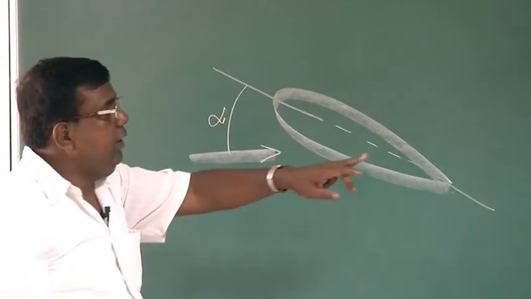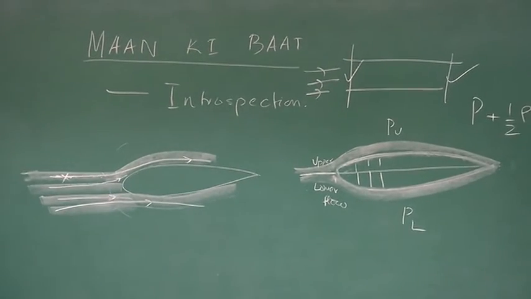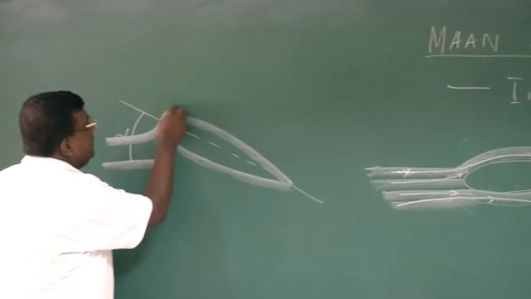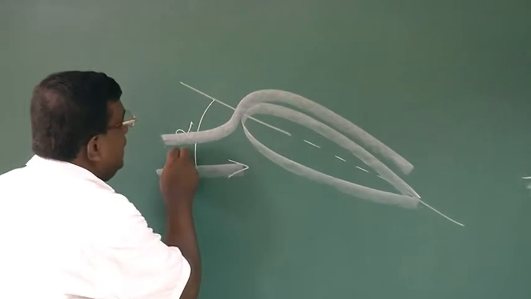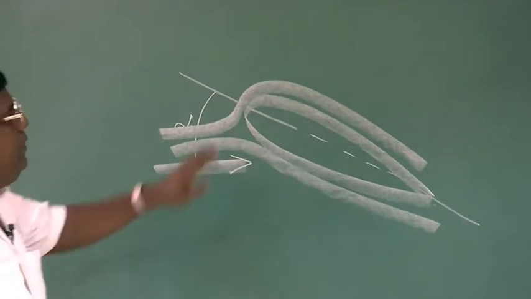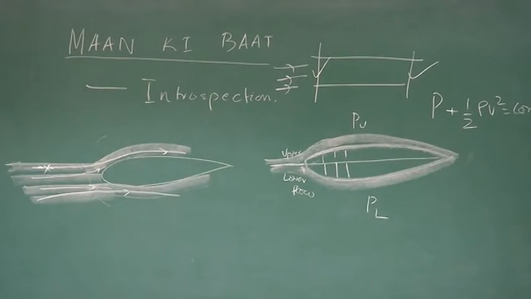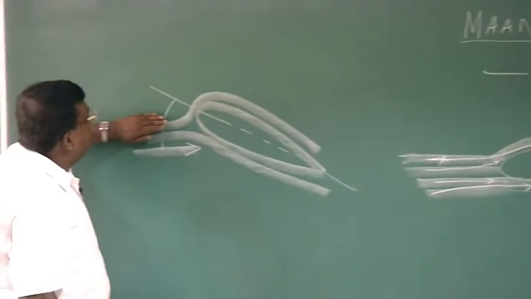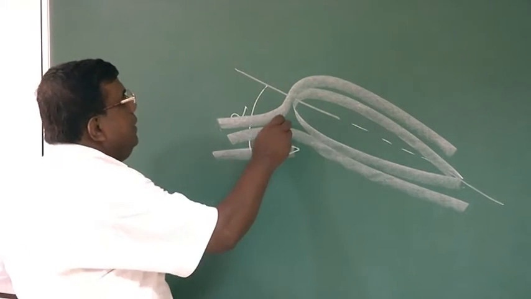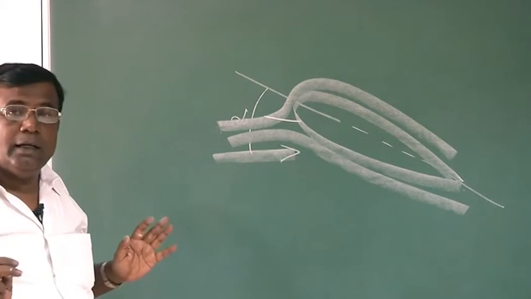Now what happens if I try to visualize like this? What you could see is that some flow will go like this and some flow will go like this. What is the difference between this picture and this picture? Now you could see that the upper part of the fluid will be traveling more distance than the lower fluid. Am I correct?